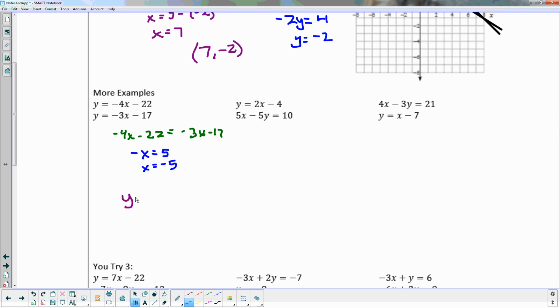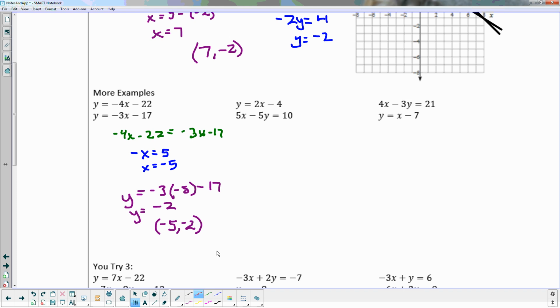So we're going to say y equals negative 3 times negative 5 minus 17. So we get that y equals 15 minus 17, which is negative 2. Negative 5, negative 2. And there we go.